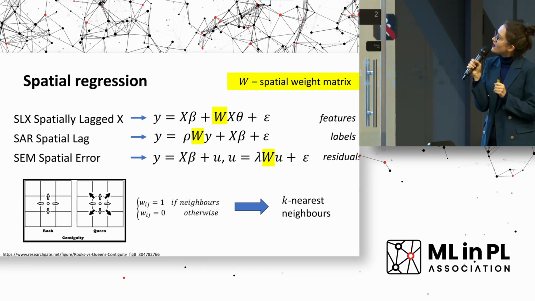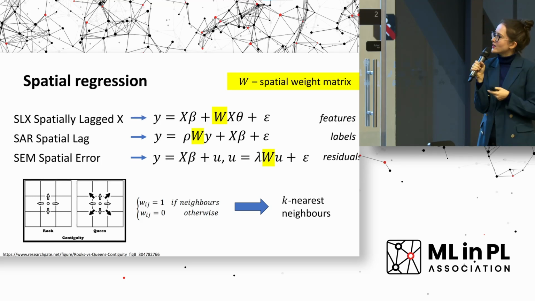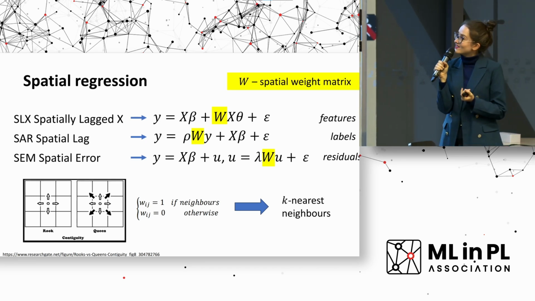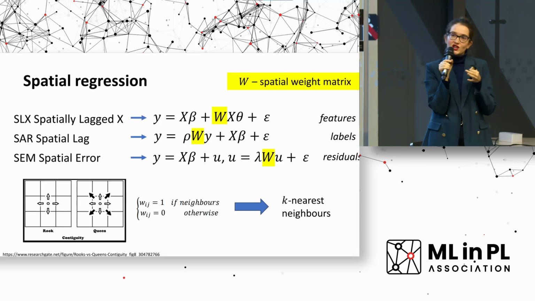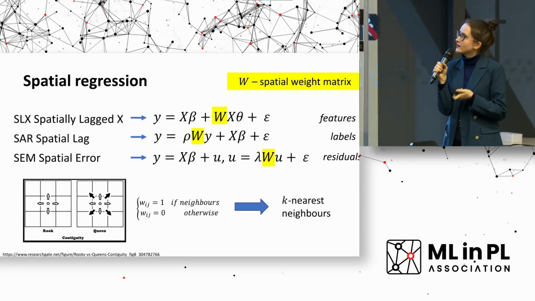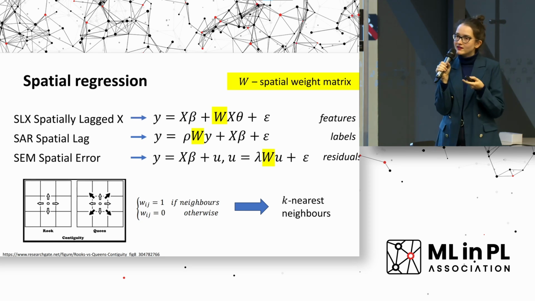So if 2 patches are close to each other, we put 1, otherwise it's 0. But in this trivial example, we can analyze at most 8 neighboring patches. But we can also do it differently, so we can make it more general and think of it as searching for k nearest neighbors. And if particular patches are within this group, then we put 1. So this is the matrix that we're going to use to specify that some patches are close to each other.